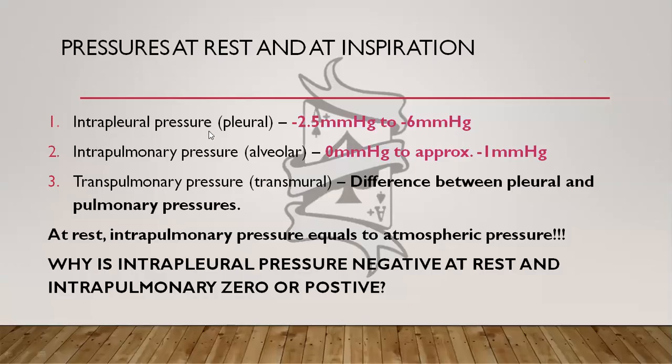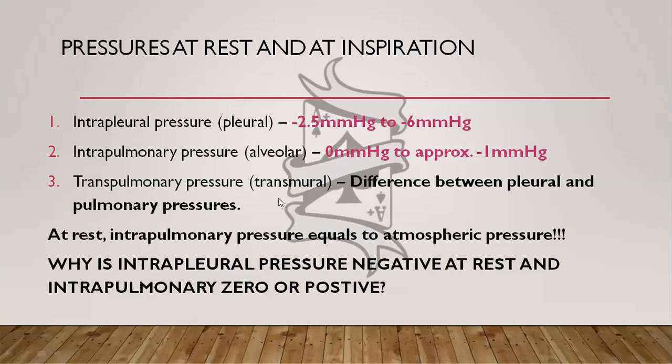As we said, intrapleural pressure is always negative, and the standard value for it is about -4, meaning at rest, that value will be -4. You can either decrease it to -6, or you can increase it to -2.5.